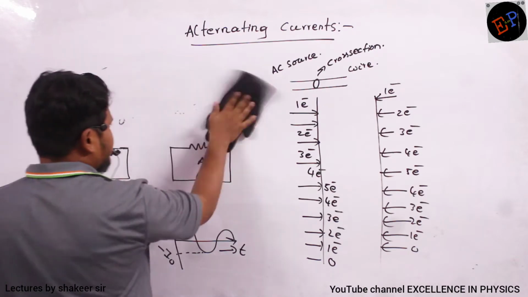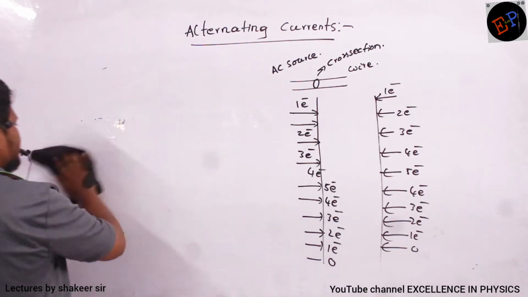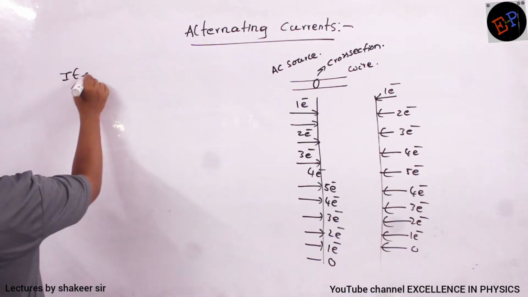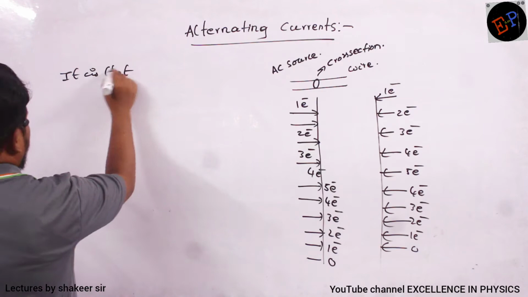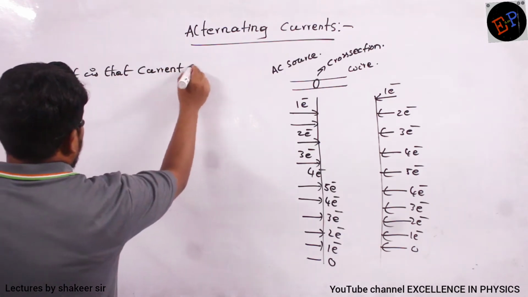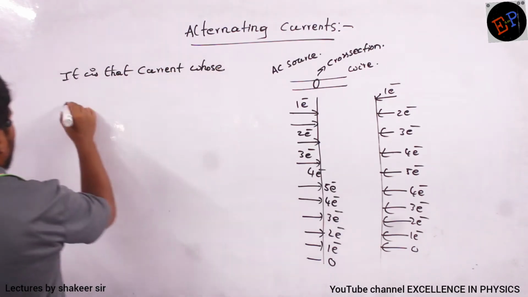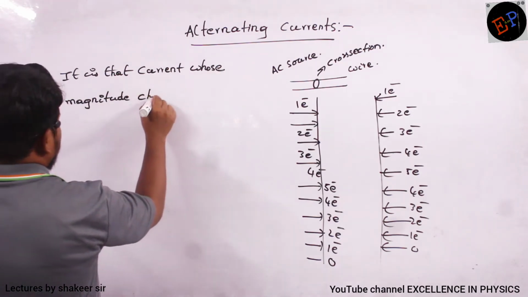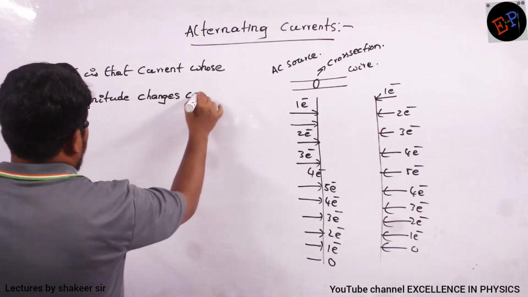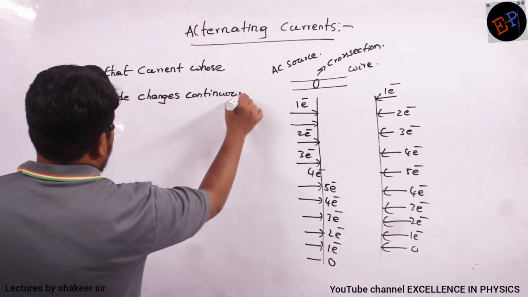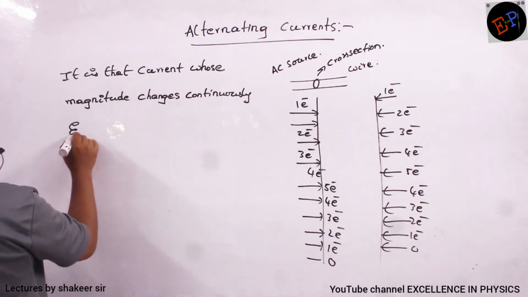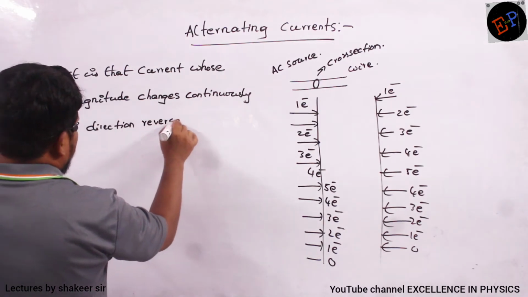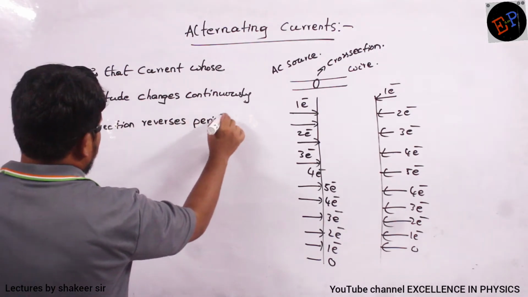AC, how can I define it? It is that type of current whose magnitude changes continuously, and direction reverses periodically.